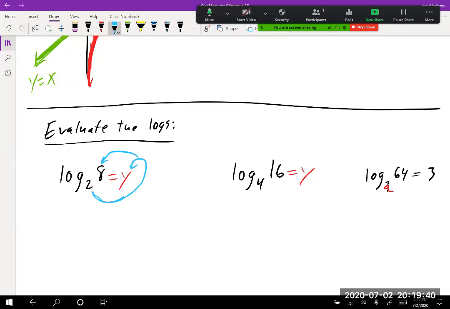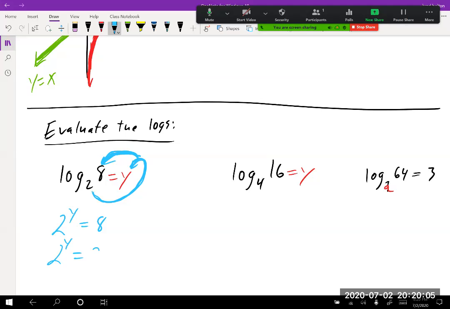So I just kind of go, this is to this and that. So 2 is to y is equal to 8, okay? So we have 2 to the y is equal to 8. So you undo a logarithm, or you rewrite the logarithm for what it really means as an exponent. And now that means we can use our technique we were using the other day.